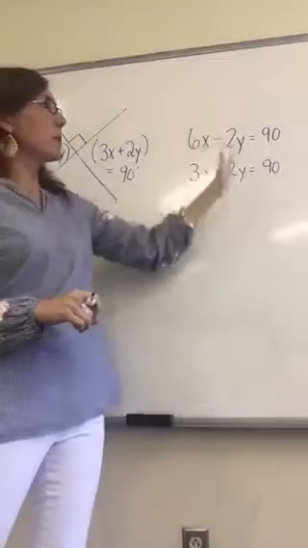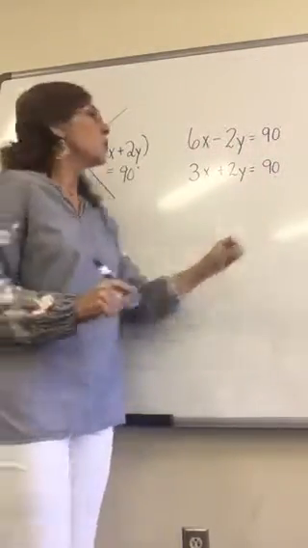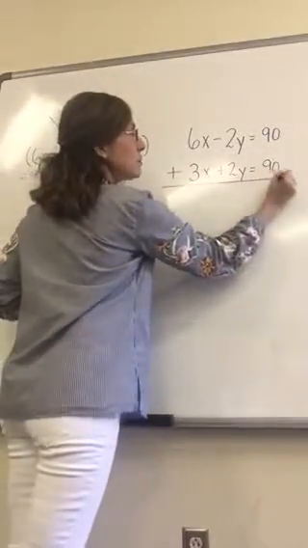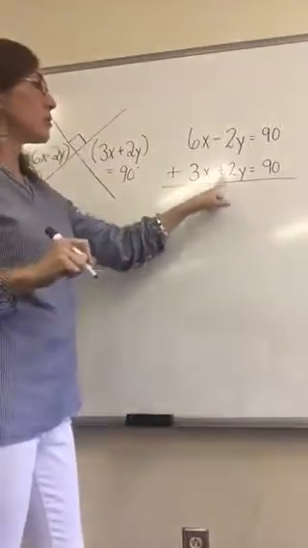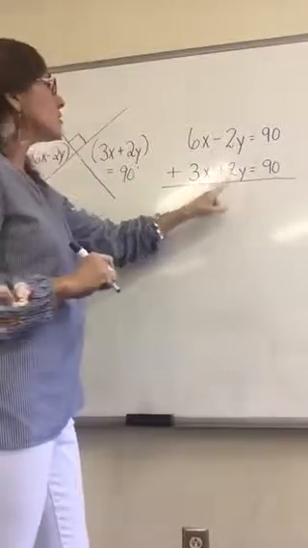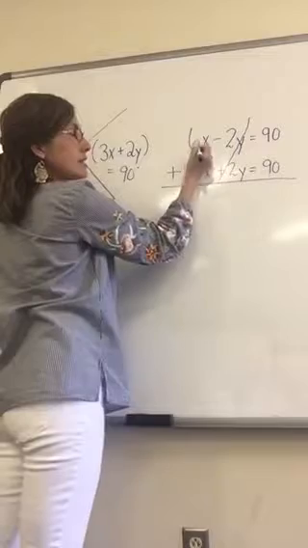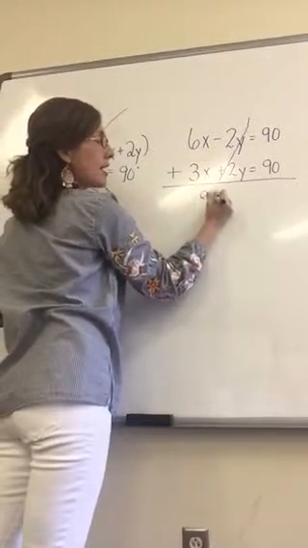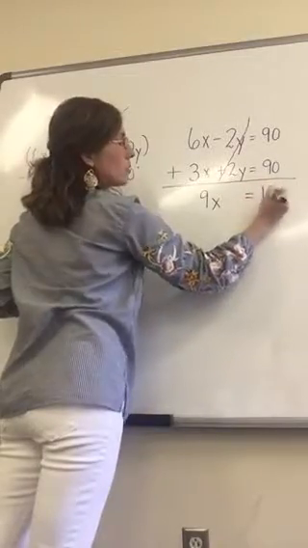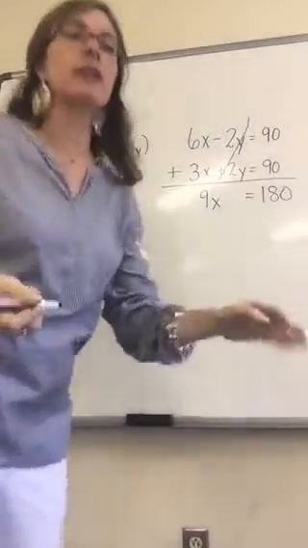I have lined up every part of it, and in this case, without having to do any additional work, when we add these two equations, we are going to eliminate the y variable because negative 2y plus 2y equals 0. So let's eliminate that part. And then we have 6x plus 3x equals 9x. And over here, we have 180. All right, now we can solve this like a regular equation.